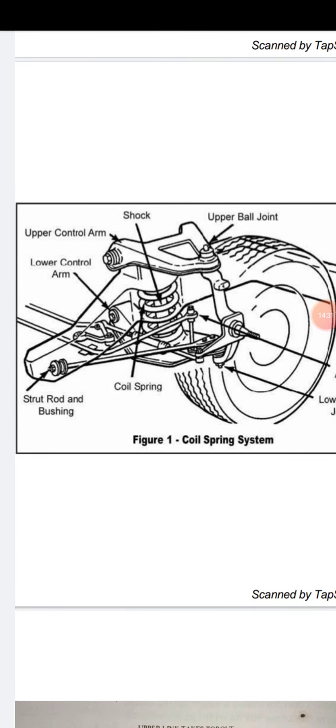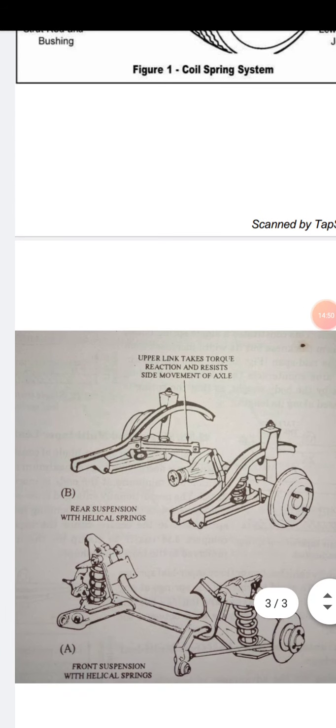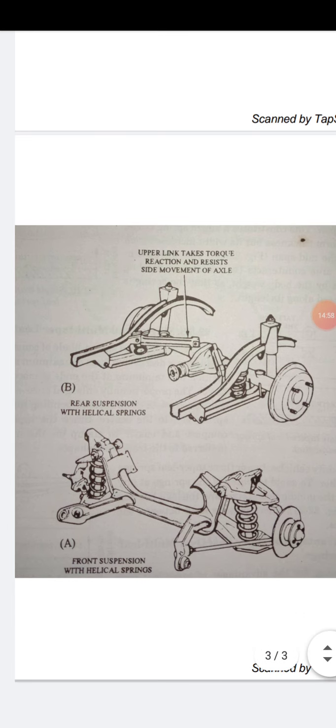This is the coil spring, and this type of coil spring is basically used in front suspension systems. In the rear suspension system, the helical suspension is used in very rare cases.